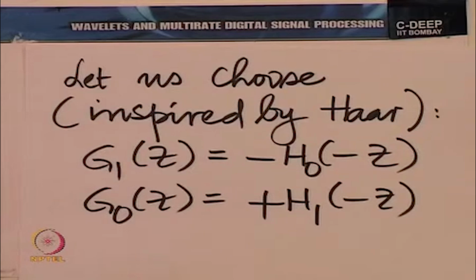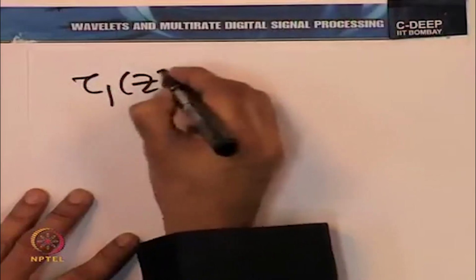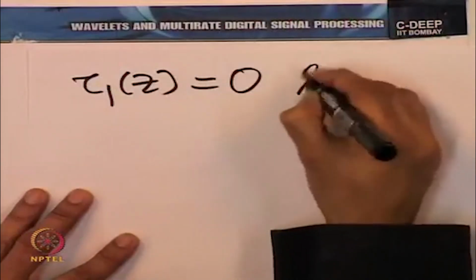Now, you know, we will keep away the factor of 2 for the moment, because after all that factor can be absorbed in the C 0 that we have allowed. So, with this substitution, what do we get? The tau 0 z, then of course, tau 1 z is identically 0 by construction.